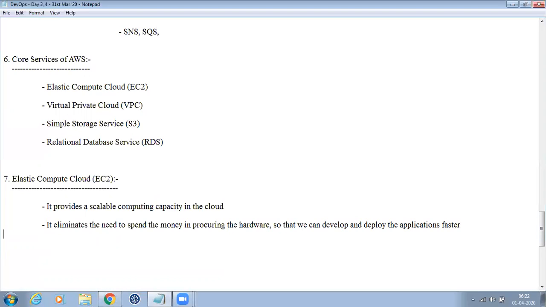So this is what EC2 is for. Next, understand what the features of that are. Let me put it here itself.